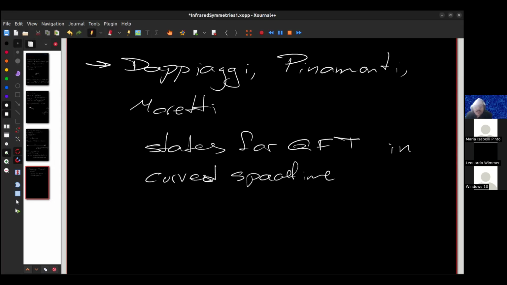In classical mechanics, for example, a state would be the initial conditions for a particle: the initial position and the initial momentum. And of course, as the system evolves, the state can change, so the particular values of position and momentum can change.